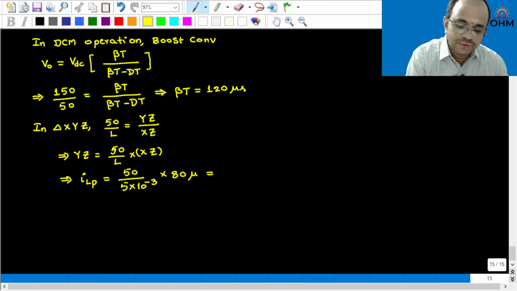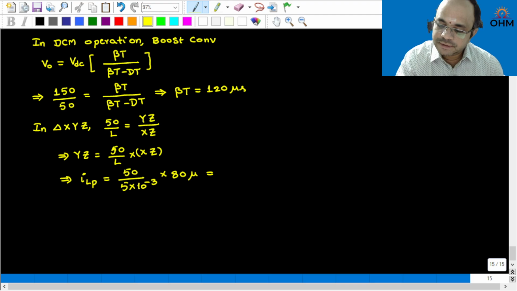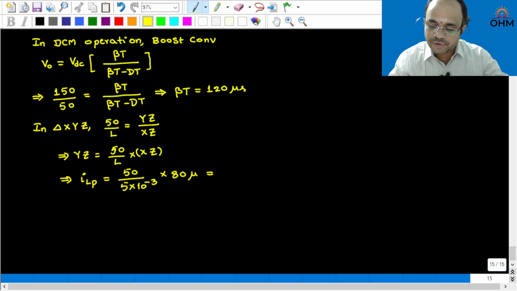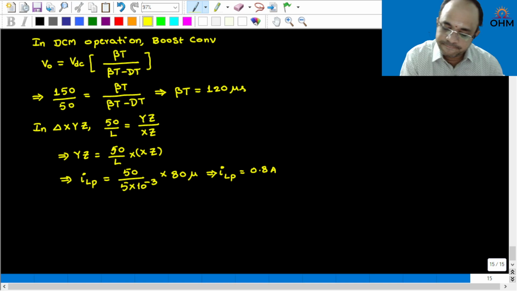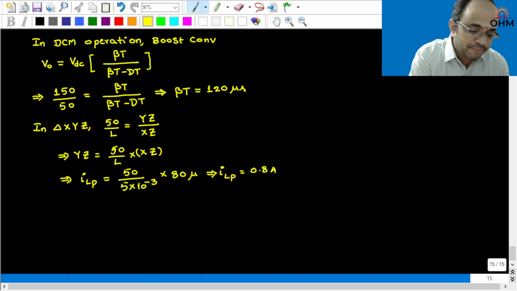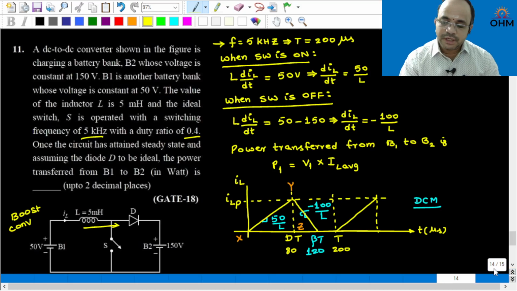So from this, if you calculate this value, we get the peak value of inductor current, IL peak is equal to 0.8 ampere. Okay, now we got the peak value of inductor current.